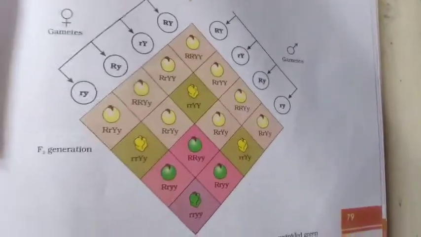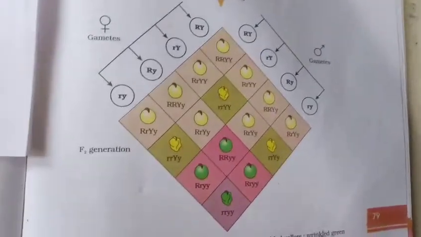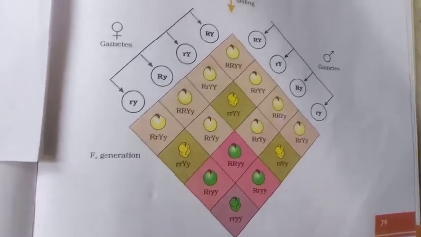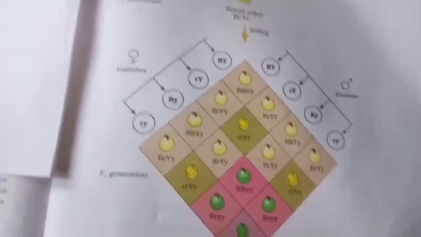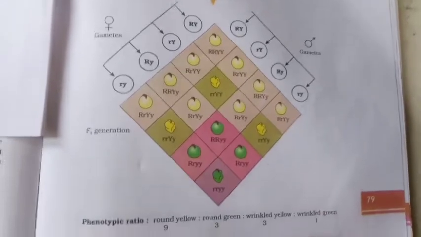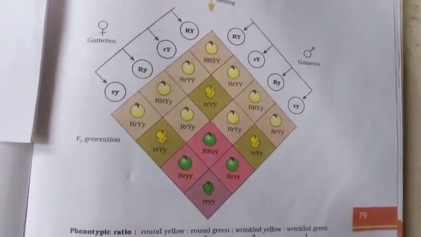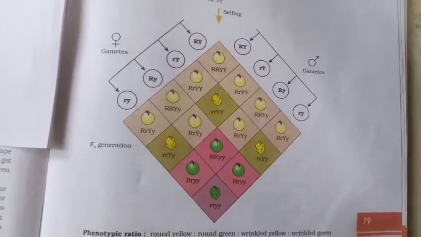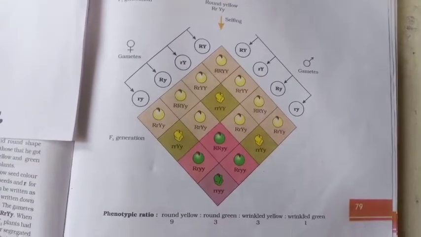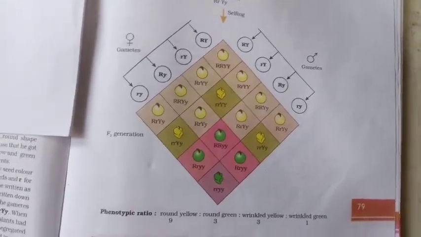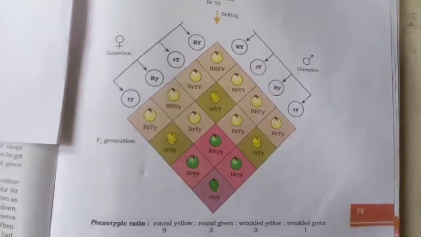This was also true for the other pairs of contrasting characters when studied together in a dihybrid cross by Mendel. The ratio was again the same, that is 9:3:3:1 in the F2 generation.